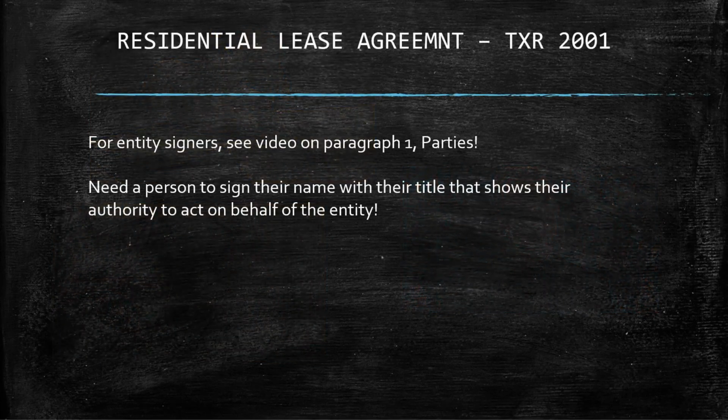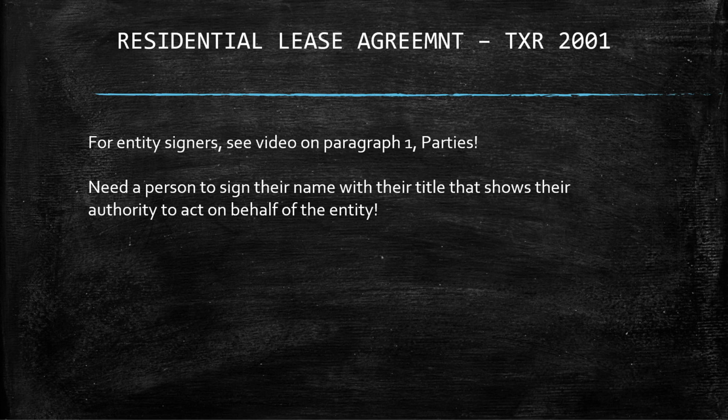One thing to point out is if any of our parties are entity signers, if the landlord is perhaps an entity, or if the tenant is an entity, then refer back to our video on paragraph 1 of the lease agreement dealing with the parties, because we covered this in detail.